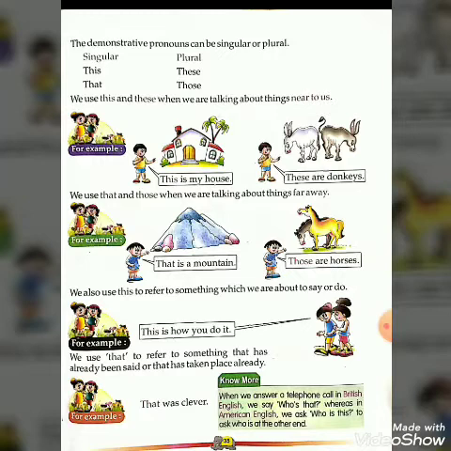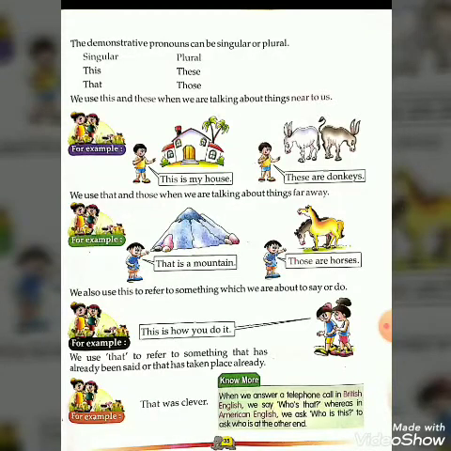Like that, we use the words this and these when we are talking about things near to us. For example, this is my house, it is close to me.